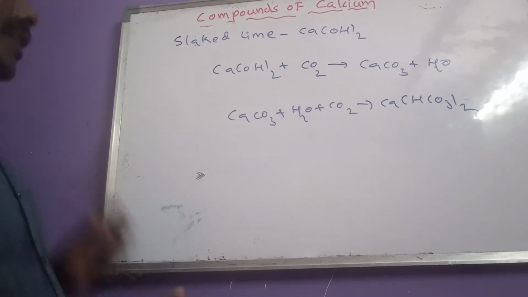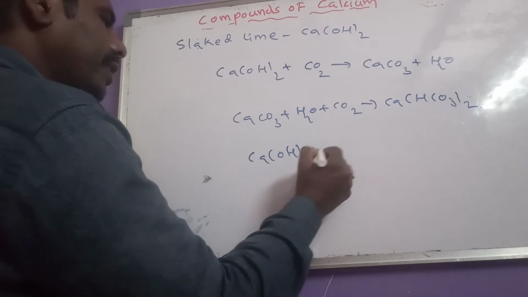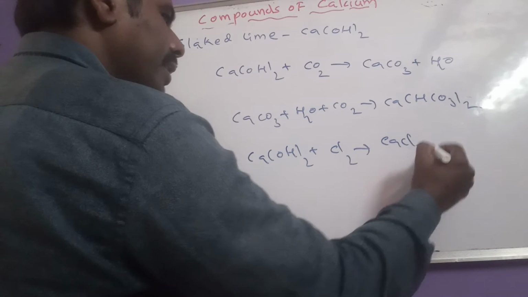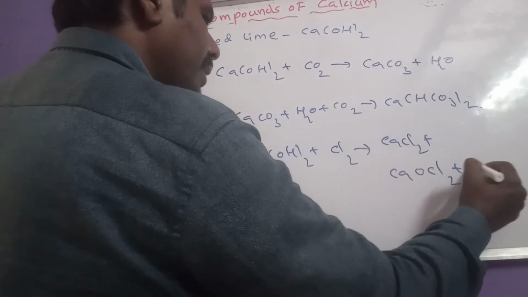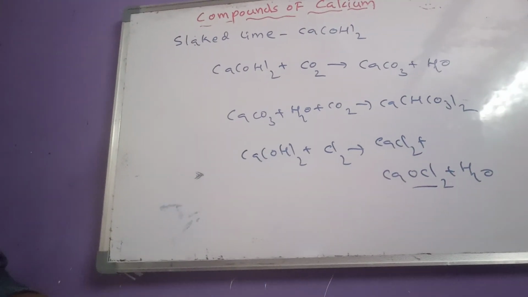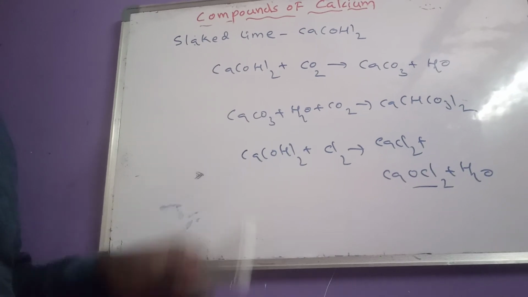Another one: calcium hydroxide reacts with chlorine and produces CaCl2 plus CaOCl2 plus H2O. This is called calcium hypochlorite or calcium chlorohypochlorite.